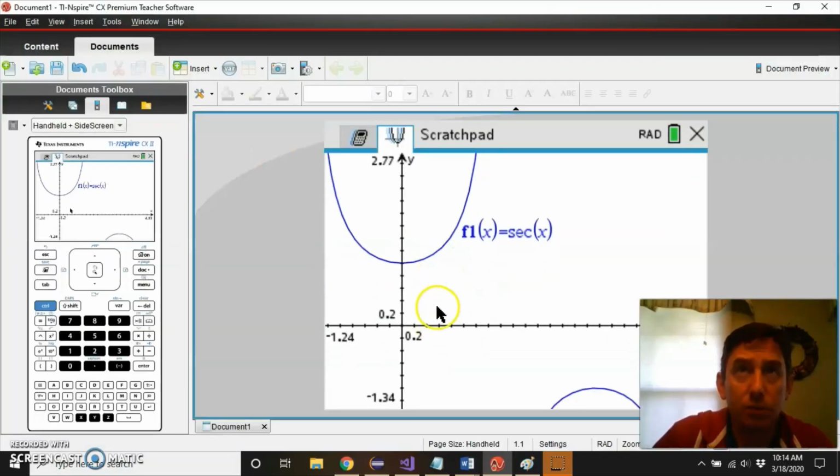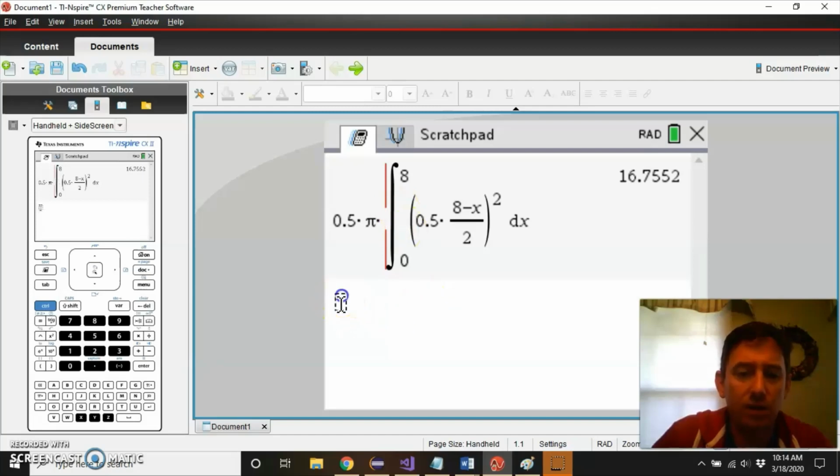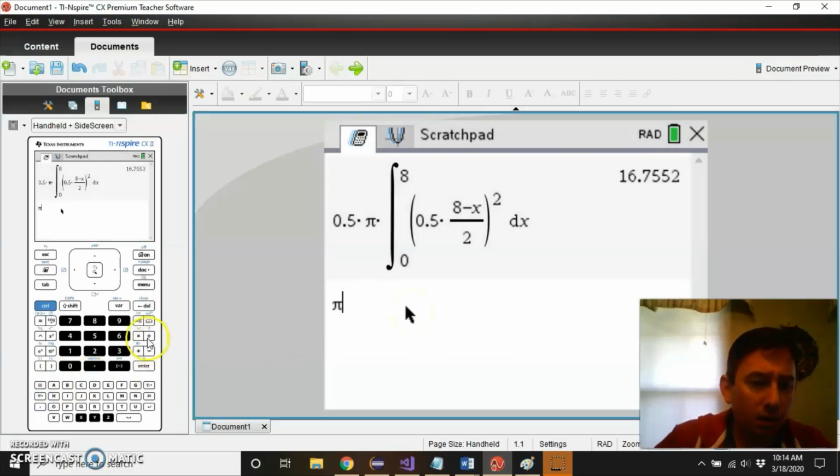So we're going to use dx, just the disk method, because there's no washers, there's no holes in the middle. So let's just go right out to here. Pi r squared.